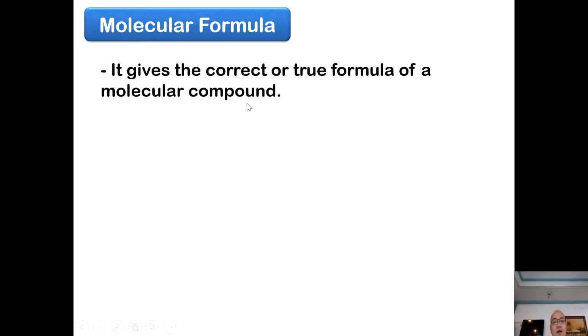The subscripts were not simplified, because they should not be simplified, since the subscripts tell us the actual or true number of atoms present in a given molecular formula. Once again, we will be using the glucose, C6H12O6. So this is an example of a molecular formula.